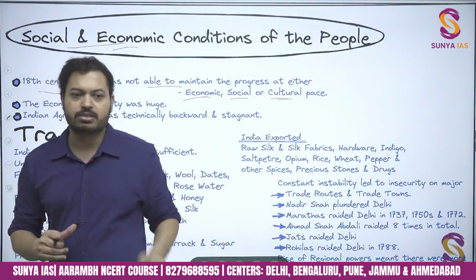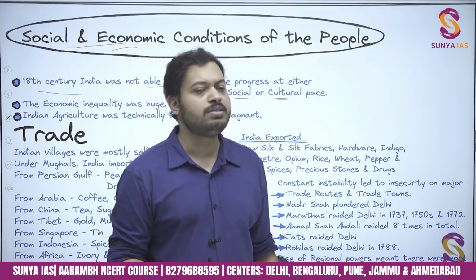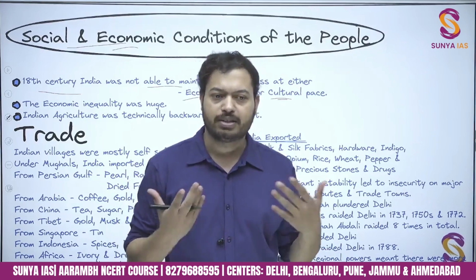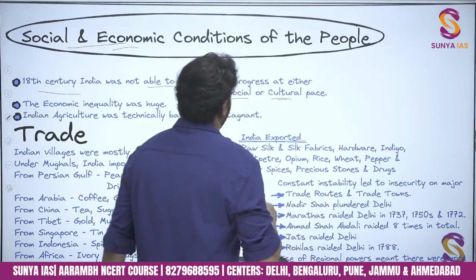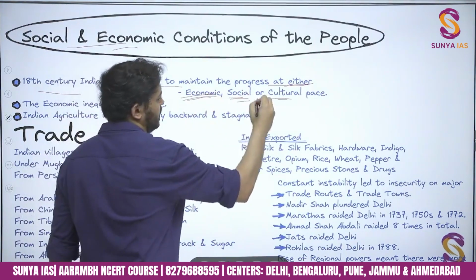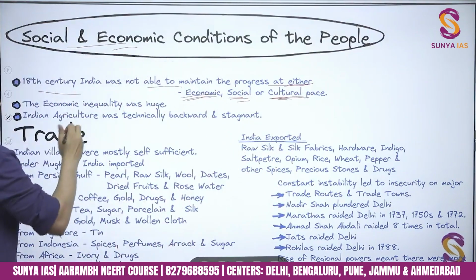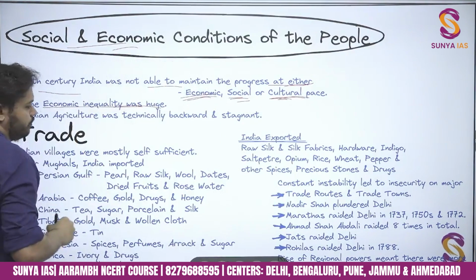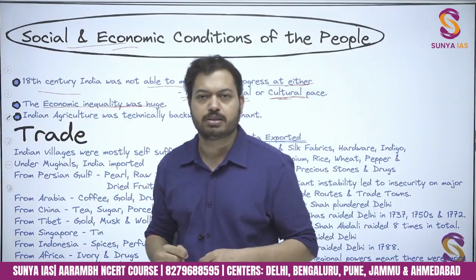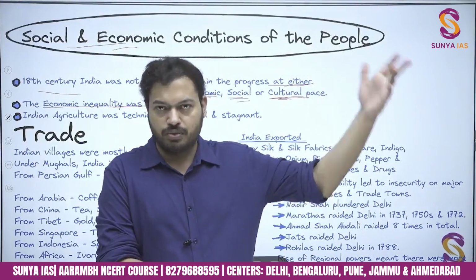So what went wrong is, first of all, the level of technical advancement. The whole zeal of people was lost because poverty was just too much at a certain moment of time. So the progress stopped happening at the economic, social, and cultural levels all at once, and that created the difficulty. The economic inequality was huge. You need to understand that this was the phase of the Jagirdars and the Mansabdars, those who were the so-called middle class of the Mughal Empire.